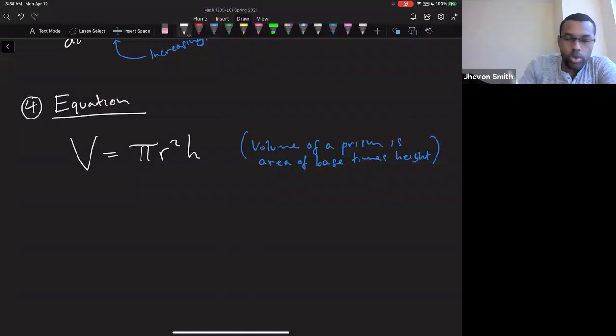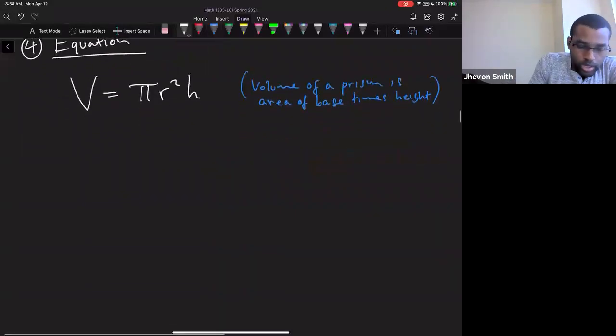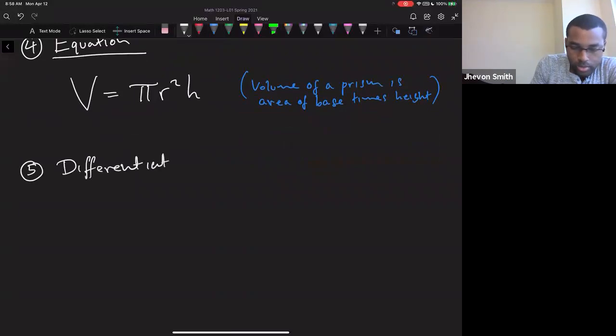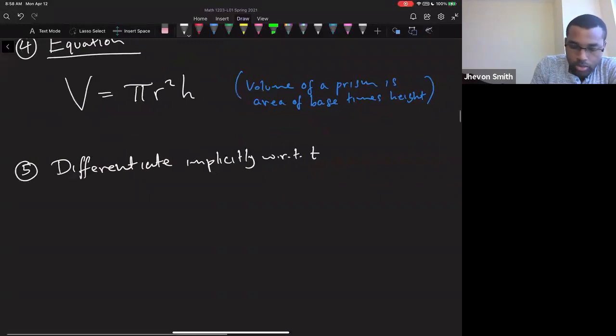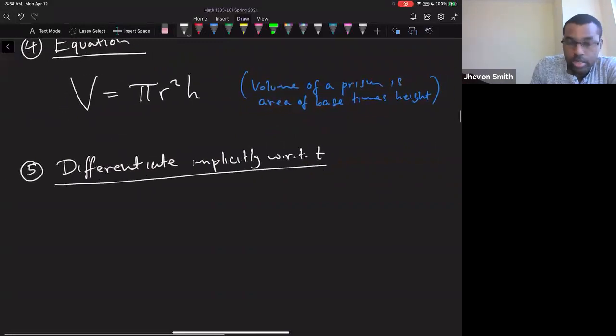Okay, so we have our equation. We move on to step 5. We are going to differentiate our equation. We're going to differentiate implicitly with respect to time.